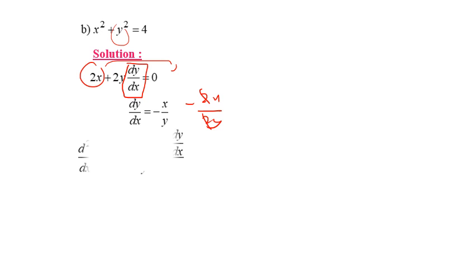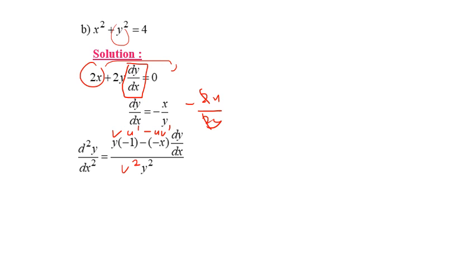And then later we have to differentiate to find the second derivative. So again we apply the quotient rule. Remember the quotient rule, v u prime minus u v prime over v squared. So v is y, and u prime, differentiating negative x, will be negative 1.